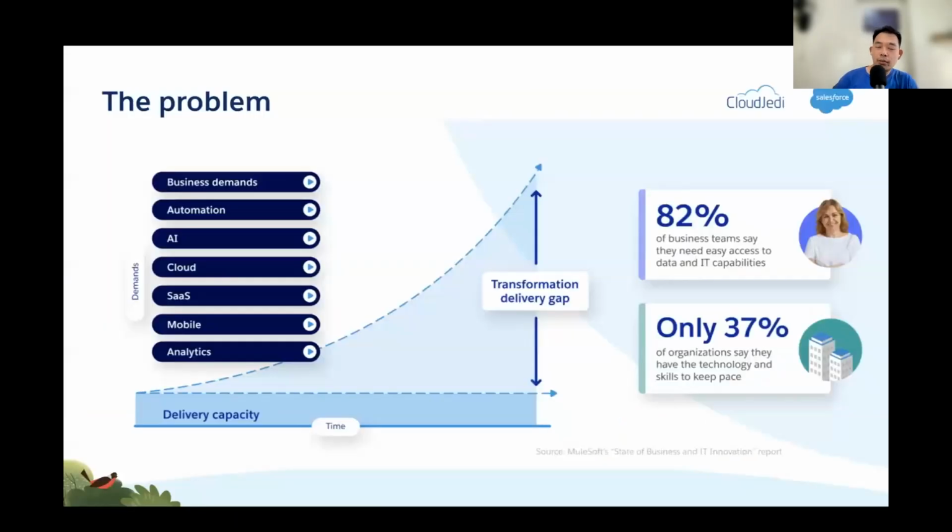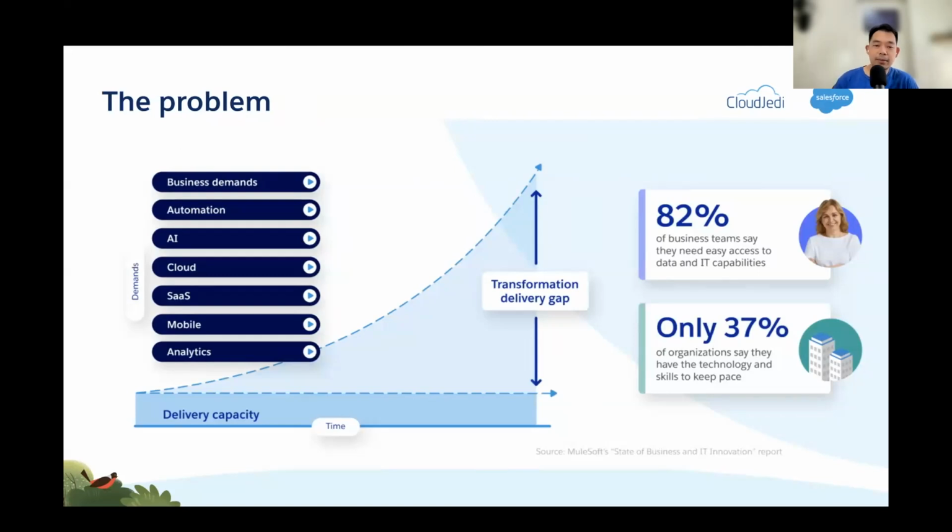So first of all, what is the problem right now with the IT landscape? One of the biggest things in different businesses is that there are so many business demands and different automation requirements, whether it's using AI, different SaaS applications, mobile, or analytics implementations, right? The problem there is we only have so much IT delivery capacity.